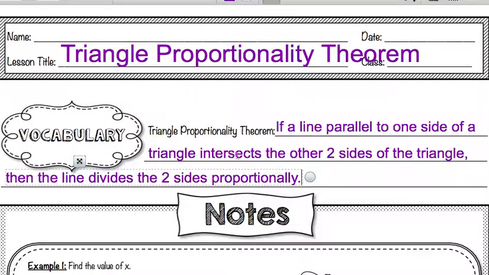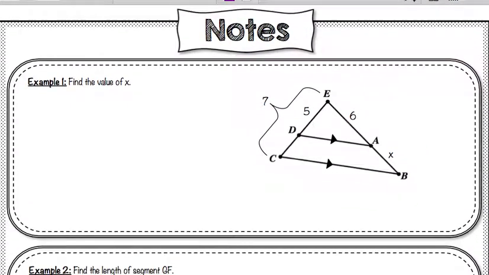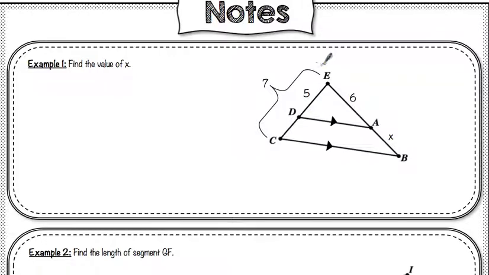Okay, so let's look at an example of what this is. This is how I can use the triangle proportionality theorem. So first, I see that I have a triangle, and I have this side parallel to this line that's passing through the large triangle that actually creates a smaller one.